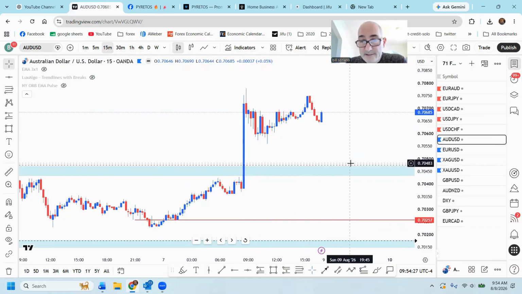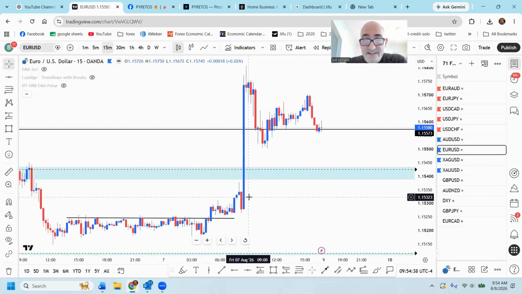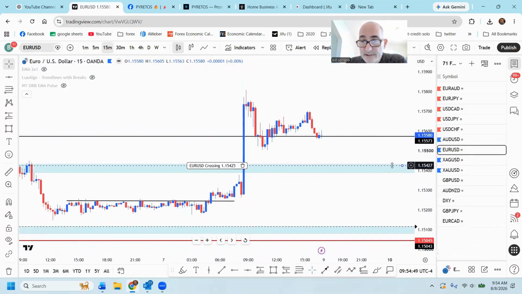So we're looking for price to make a pullback here to 0.70475 for AUD USD. EUR USD, the same thing. You can see that giant news candle there pushing it well up above the daily range high here. And we're looking for price to pull back to 1.15425.